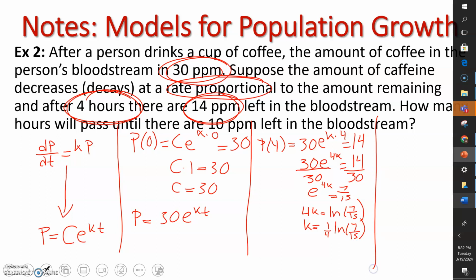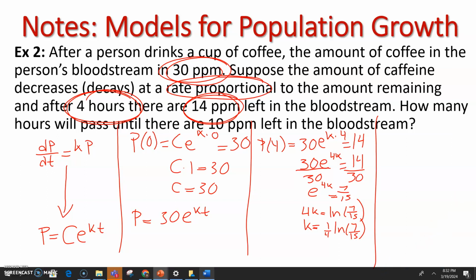Now, just like before, let's resubstitute this back in here for k. So we get P of t is equal to 30 e to the 1/4 ln of 7/15 times t.